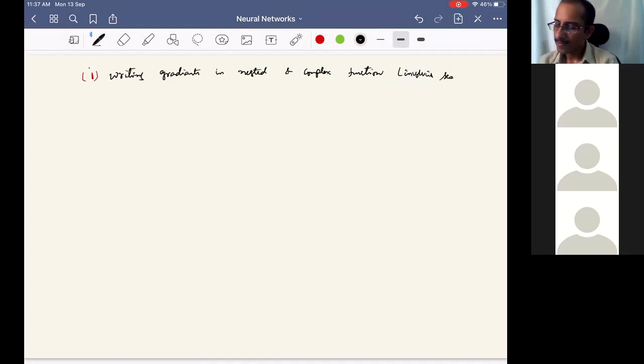And the second thing is specifically in feed forward neural networks. So in deep feed forward neural networks, where a feed forward neural network has a large number of layers, we can consider that as a feed forward neural network with many layers.